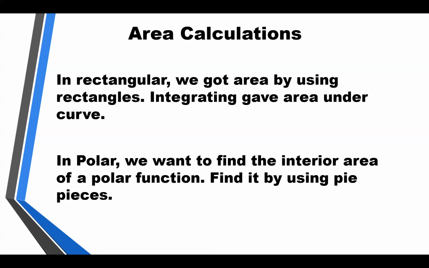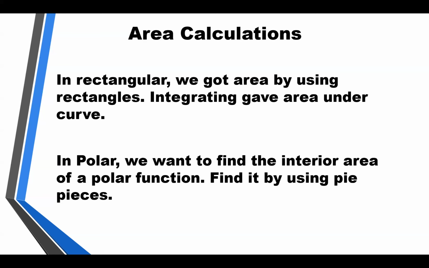We ended up getting integration, and that integration gave us the area under the curve. In polar functions, we're not going to be utilizing rectangles because the polar coordinate system doesn't use left, right, up, down coordinates.